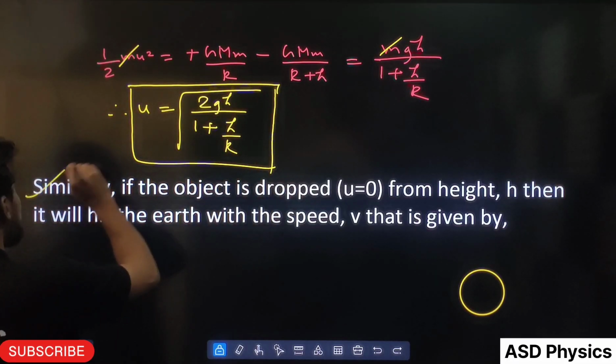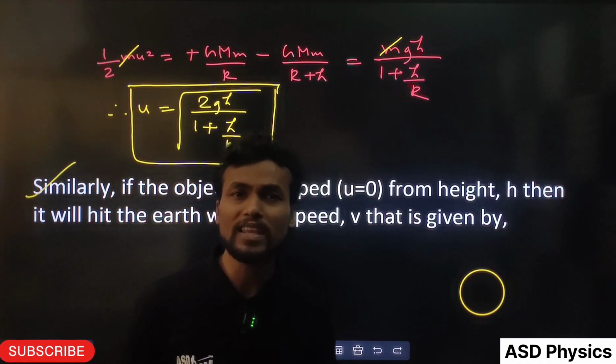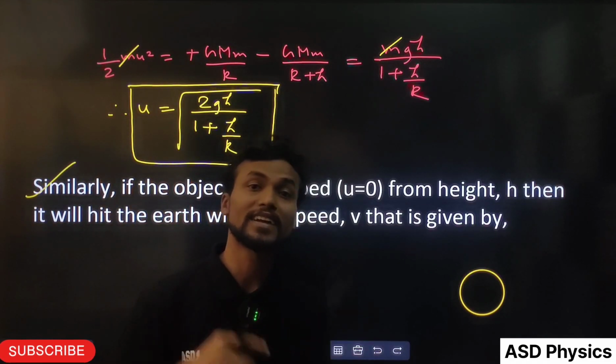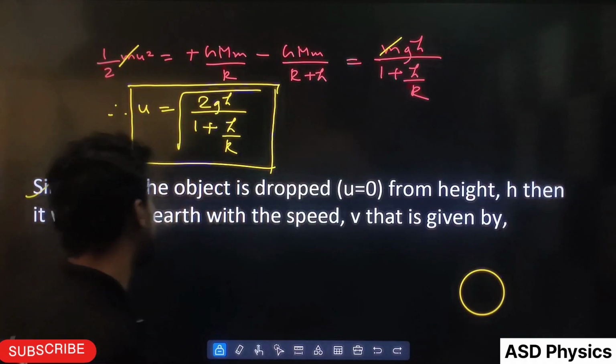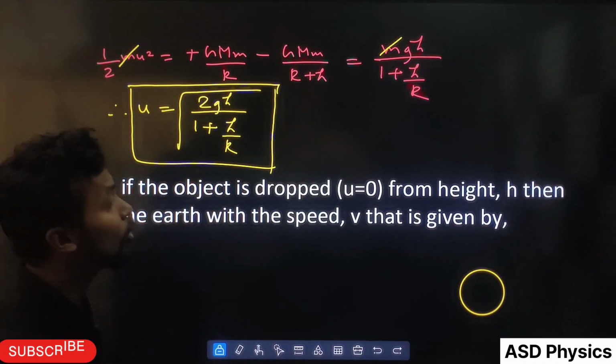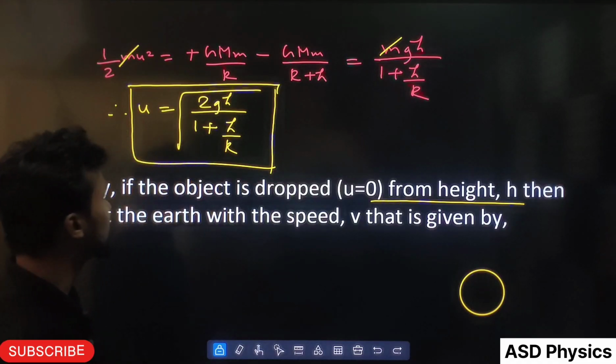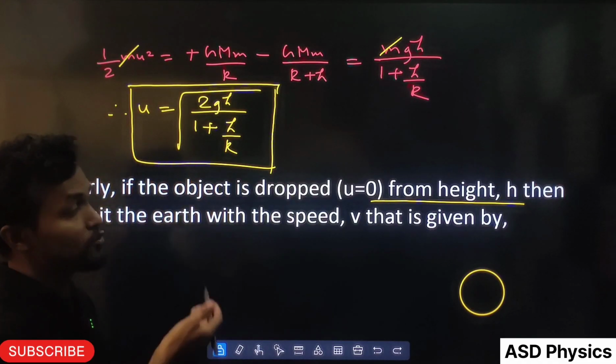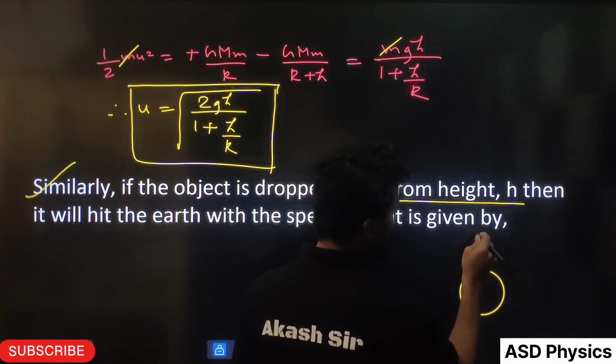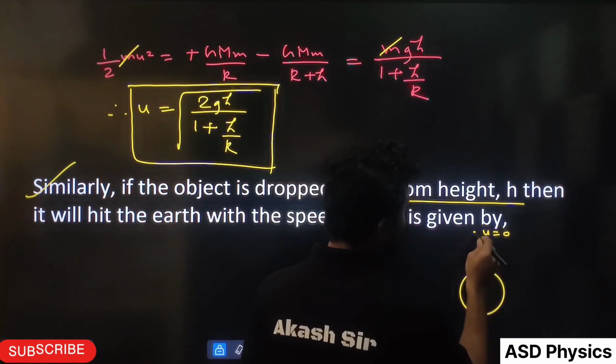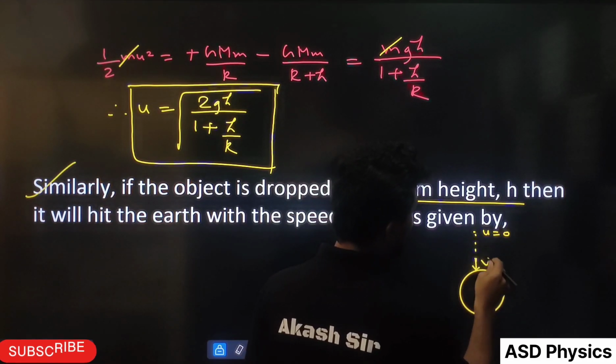After that, the reverse situation, because there is no air resistance, nothing, so the ascent situation and descent situation both will be symmetric. Similarly, if the object is dropped from height h, then it will hit the earth with the same speed v. Here we have dropped it with u equal to 0, it is falling and it is going to hit with the speed v.